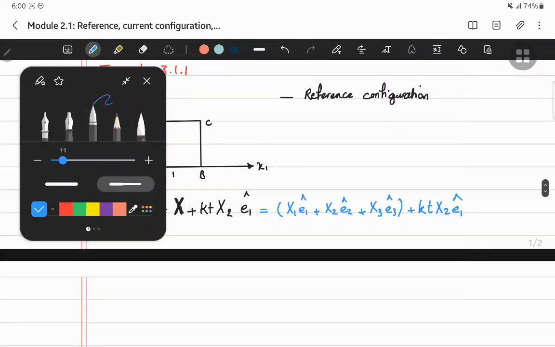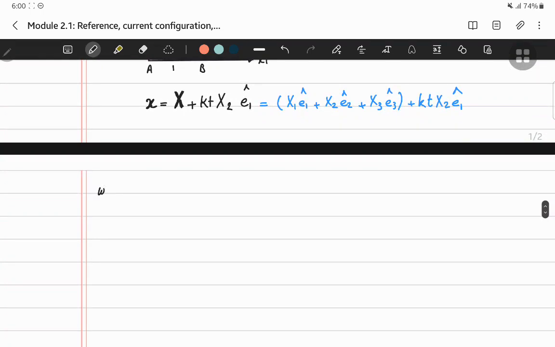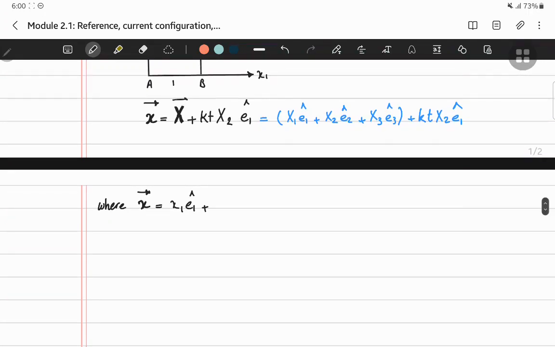So we have this motion here, and this is of course a vector as well. As it said, capital X is equal to X1 e1 plus X2 e2 plus X3 e3.